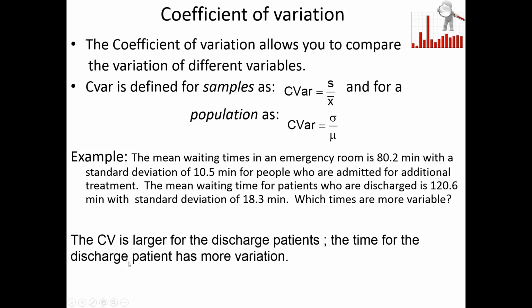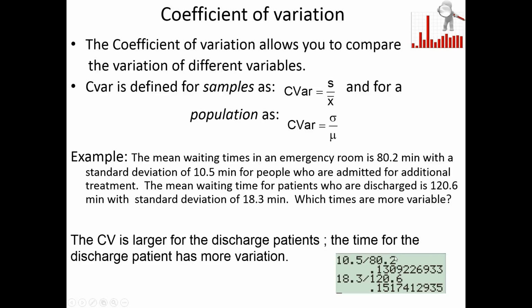Well, we can use the coefficient of variation. What is the coefficient of variation in each case? For the discharge patients, it's this value. We would take the standard deviation divided by the mean. No, I said the wrong thing, I apologize. This 10.5 is for the patients who are going to be staying in the hospital for more treatment.